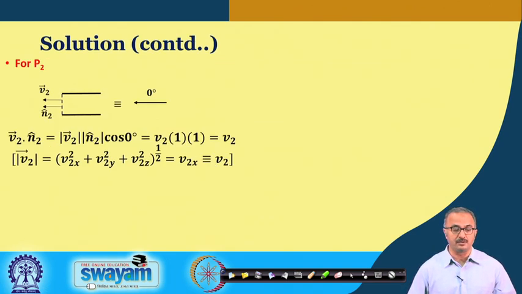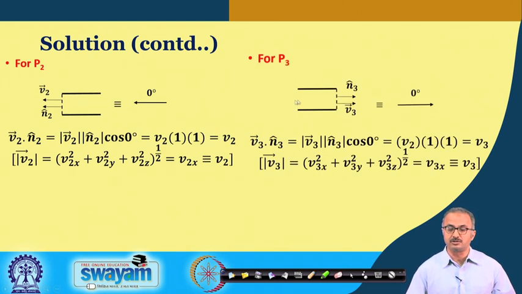With similar logic, at port 2 the direction of the velocity and the direction of the outward normal are the same, so the angle between them is 0 degrees. We apply the same analysis as before, and we find that V2 dot N2 is V2x. In this case we are taking this as the x direction, so V2x, and we put that as V2.